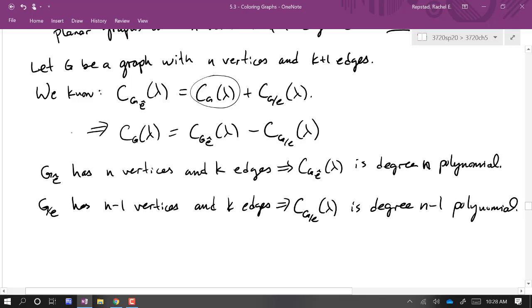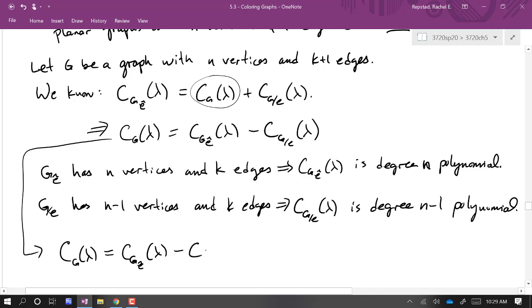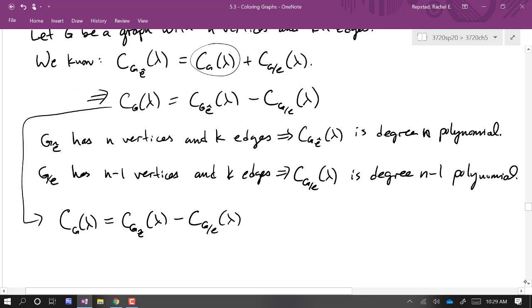So now we'll take this equation: the chromatic polynomial for G is equal to this difference. I take the chromatic polynomial for G sub E hat, and I subtract the chromatic polynomial for G mod E. So I've got a degree n polynomial here, and this one is degree n minus 1.